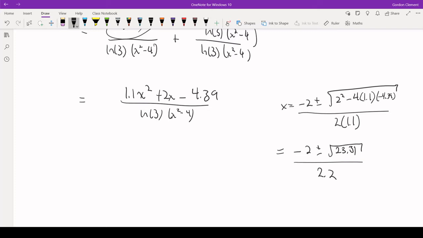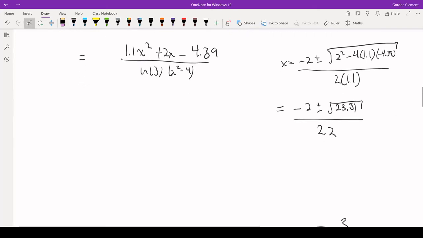So if you use the rounded values, I'm sure you get slightly different in there, but it doesn't really matter.